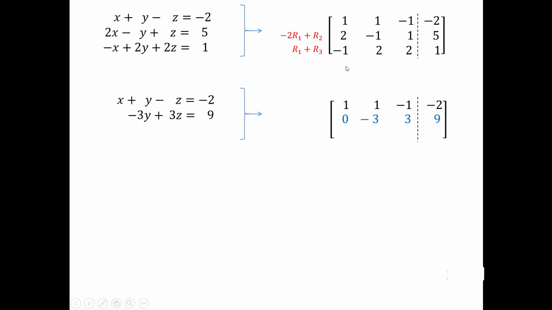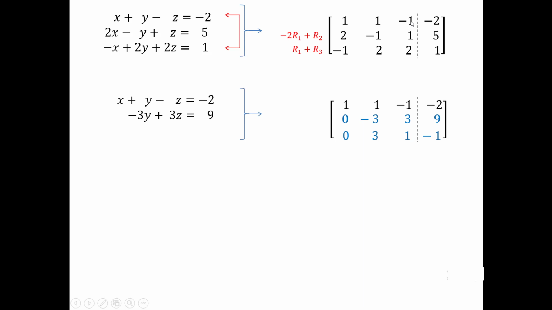1 plus -1 is 0, because x plus -x is 0x. 1 plus 2 is 3, and the reason is because 1y plus 2y is 3y.